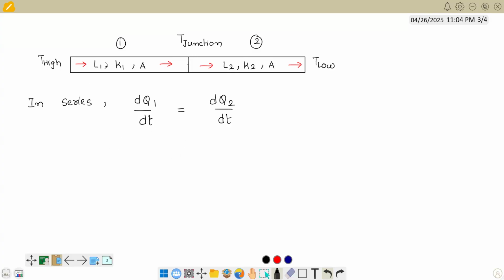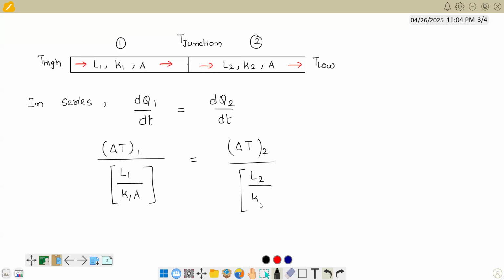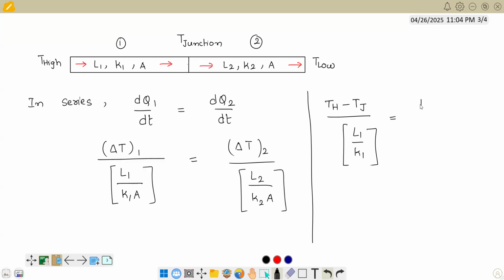So heat current is simply temperature difference delta T in the first rod divided by resistance L1 by K1A, which equals delta T in the second rod divided by L2 by K2 into A. Now if I substitute the values, the temperature difference would be T high minus T junction, I can cancel A here, divided by L1 by K1, equals T junction minus T low divided by L2 by K2.